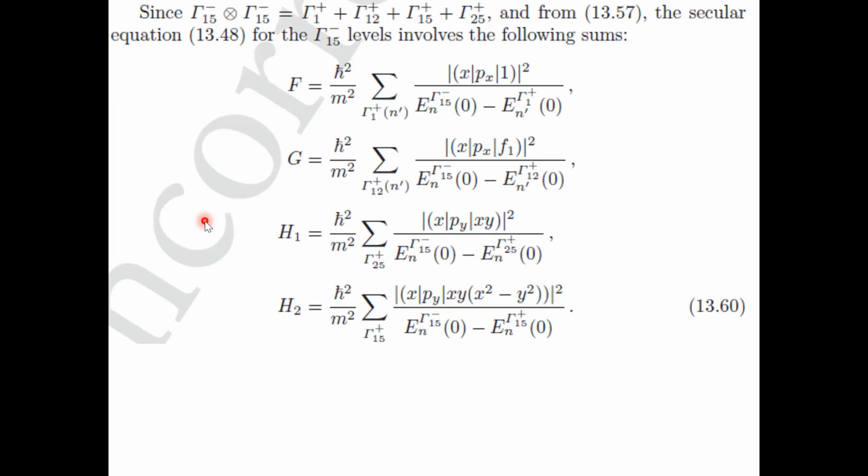So this is all tabulated, and we are going to use this information in order to calculate this matrix for some specific cases. So let's assume that now we are focusing on a gamma 1,5 minus level, and the perturbation Hamiltonian transforms like a vector in K.P theory. We have discussed this last time.